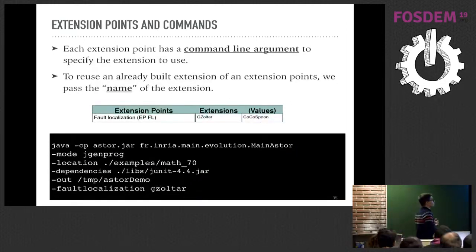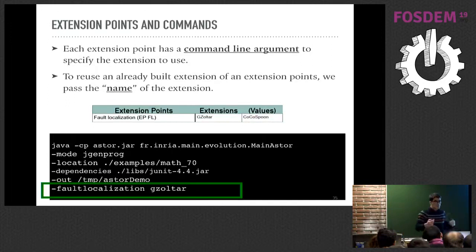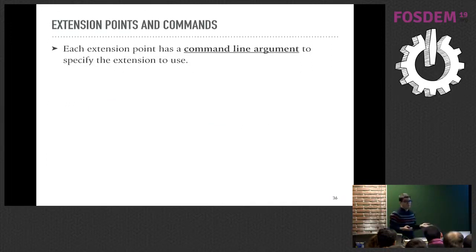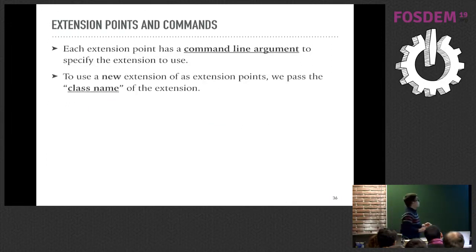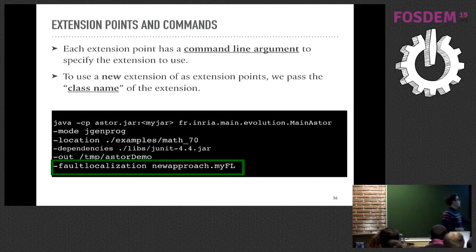One is GZoltar, and the other is Coconut Spoon. We simply choose the value. But what happens if you want to create a new localization approach? Imagine that we create a new localization approach. That new code must implement an interface that we provide, and then we pass the name of the class that implements this interface.